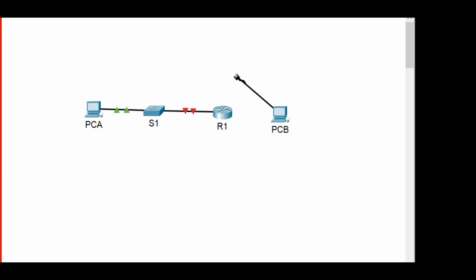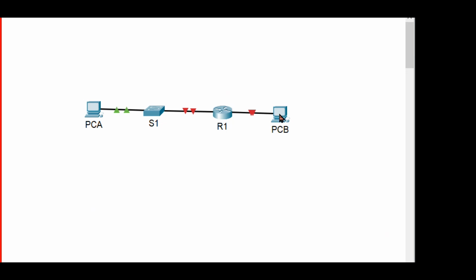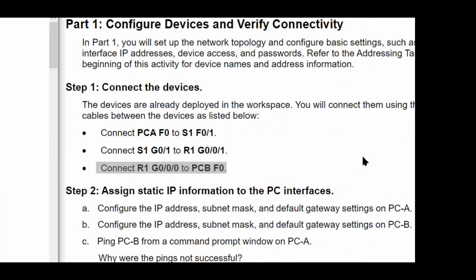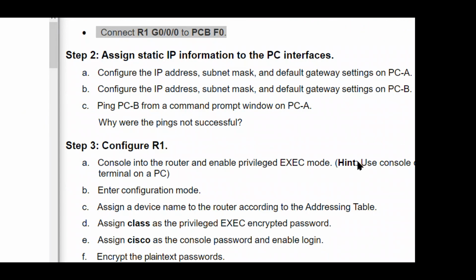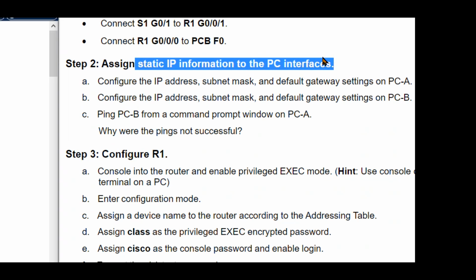For the other end, the router, select G0/0/0. Same thing, the IP information is not configured, so it will stay red color for now. Okay, so we have done the connection, step 1. Let's go over to step 2 to configure the IP addresses for the PCs.